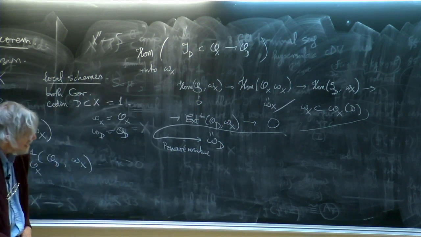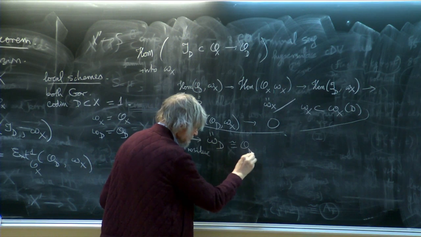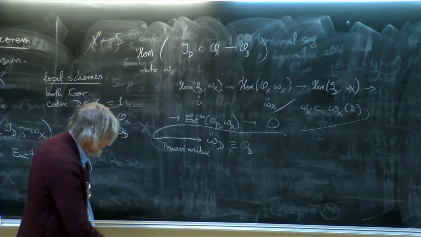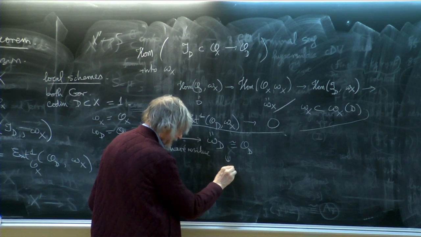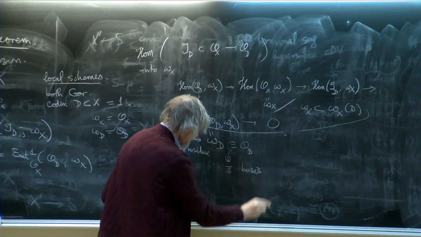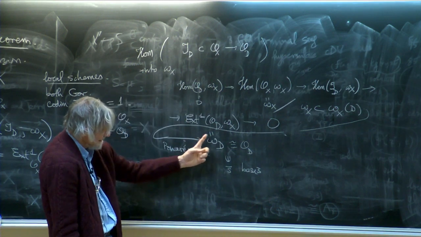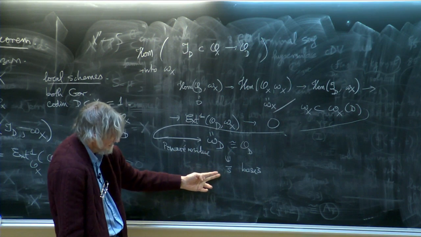Yes? And this one here is isomorphic to OD. So I can find some element in there, let me write S bar, for a basis. So this is something in omega D, which is isomorphic to OD, so I've chosen the basis.